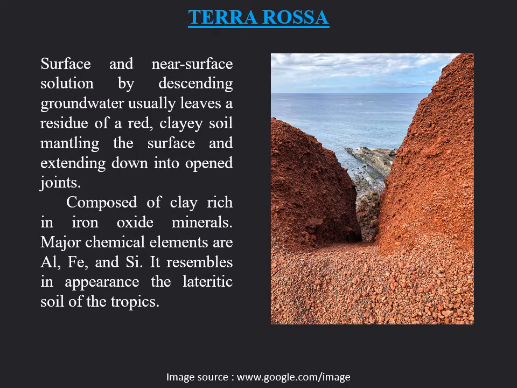Next type of landform, or rather you may call it a relict soil formed due to karstification, is known as terra rossa. The material of terra rossa may be lacking on steep slopes; particularly these kinds of relict soils are found on gentle slope rocks. These kinds of red clay soils are found particularly rich in some iron oxide minerals.